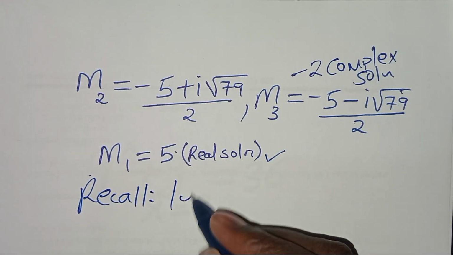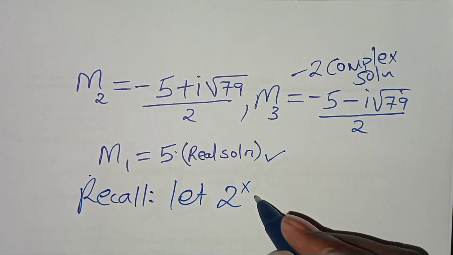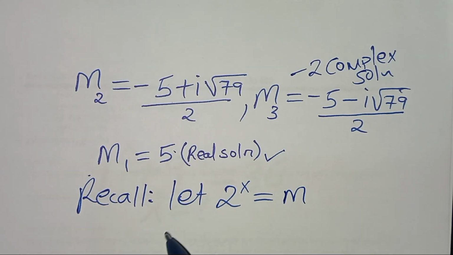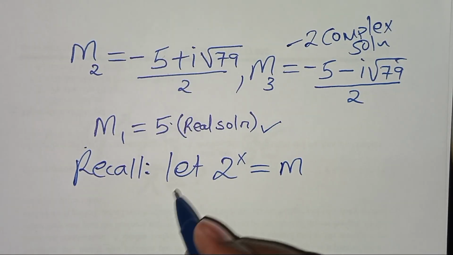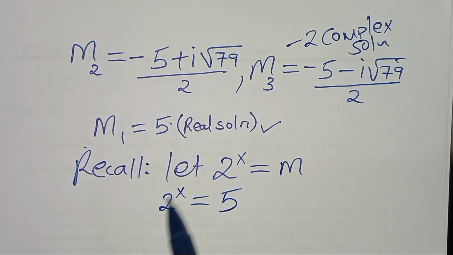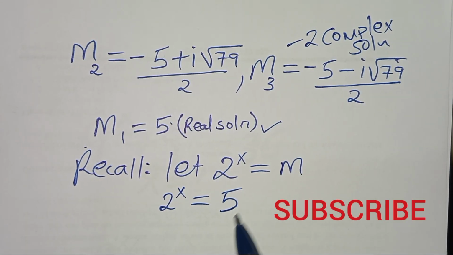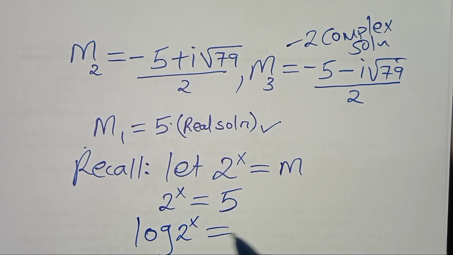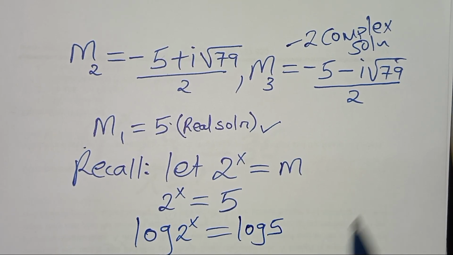Now, if you recall, we are saying that 2 to the power x is given as m. So substituting the value of m, we'll have 2 to the power x equal to 5. Now, to solve for the value of x, we introduce the natural logarithm on both sides. So we'll have log 2 to the power x equal to log 5.